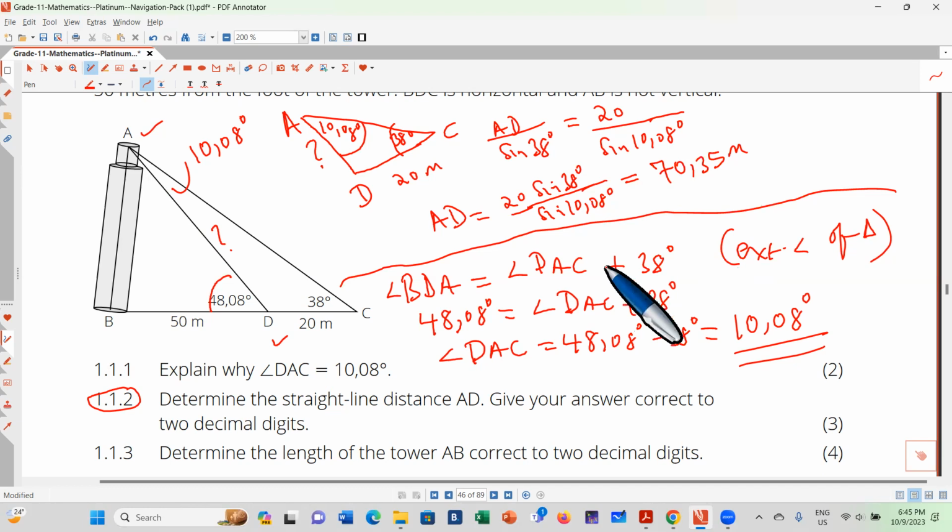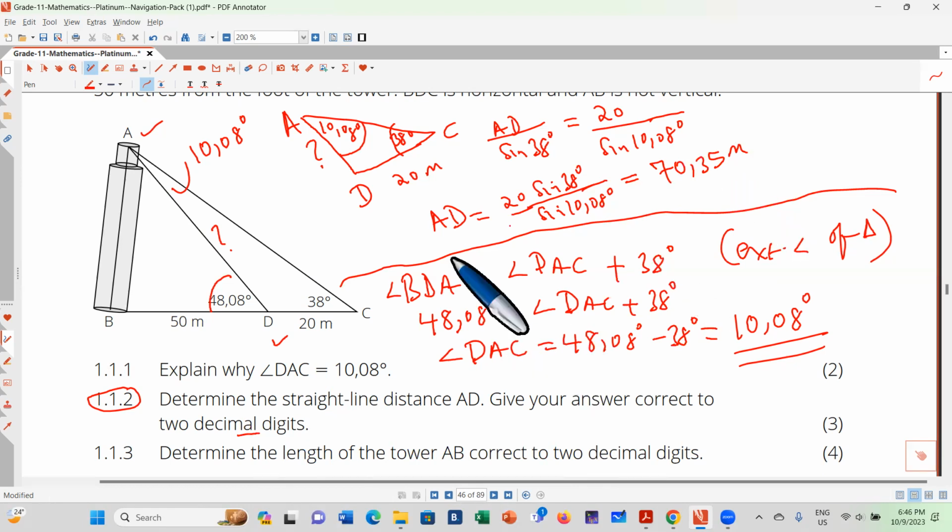And this is exactly the length of AD. All right, and we're done. If they say give your answer correct to two decimal digits, that is the answer.